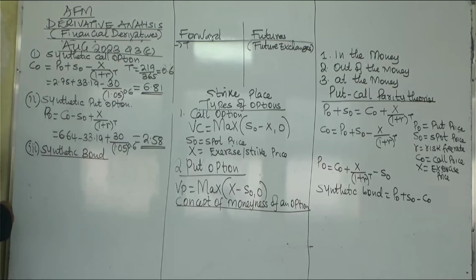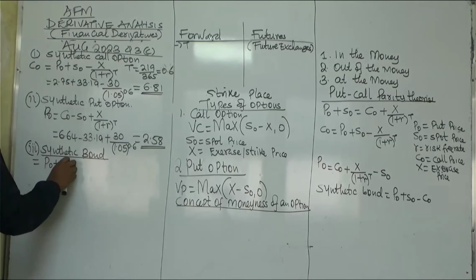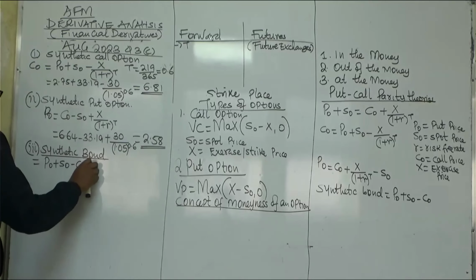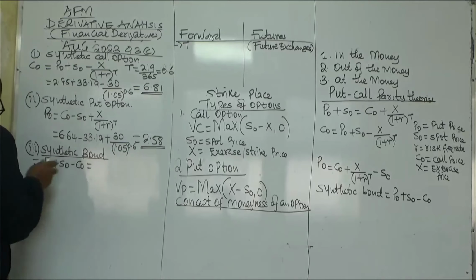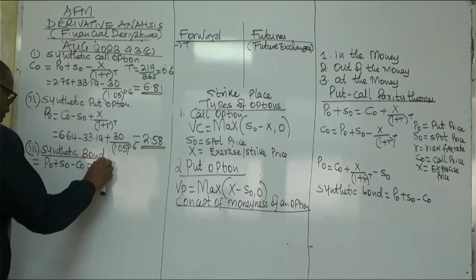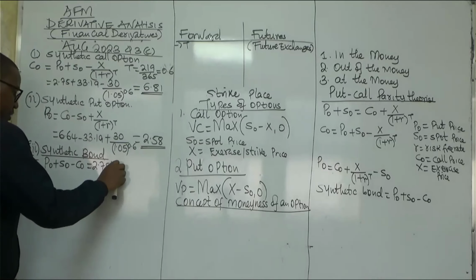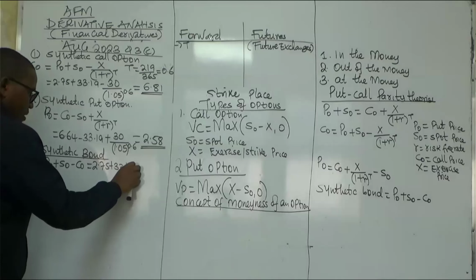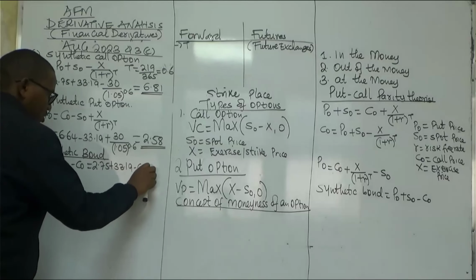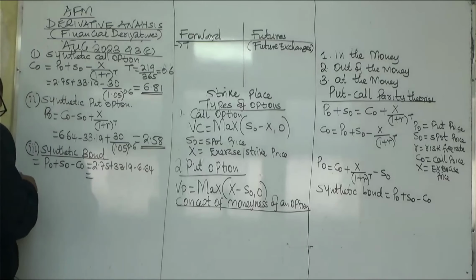On the synthetic bond, we've said to get the value should be PO, SO, CO. So the PO is how much? Put price is 2.75. SO is the current price, 33.19. Then 6.64. How much is it giving you?